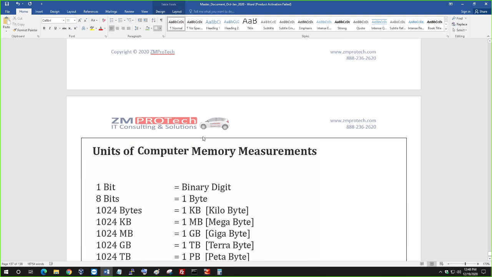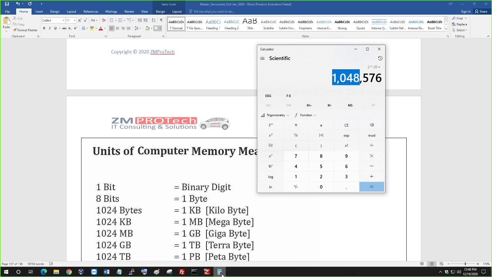1024 and 1048. Let's see here if it's 2 to the power of 19.